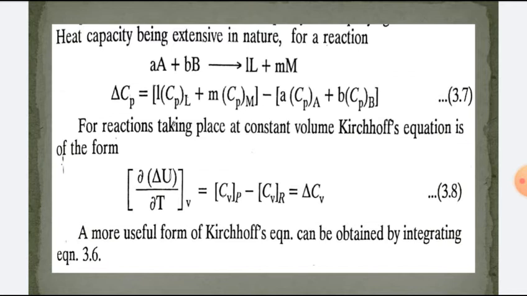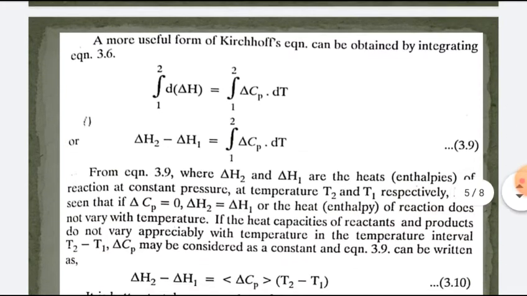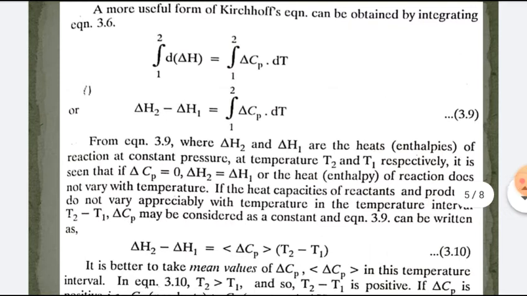A more useful form of Kirchhoff's equation can be obtained by integrating equation number 3.